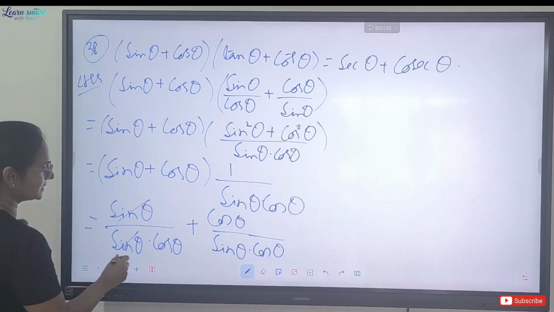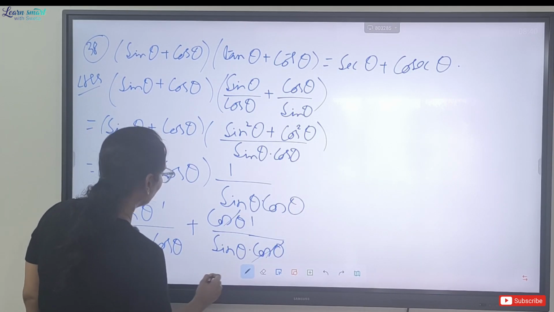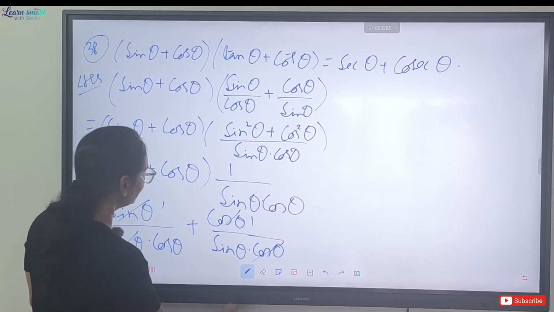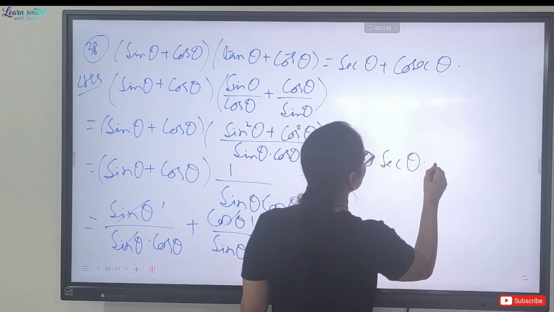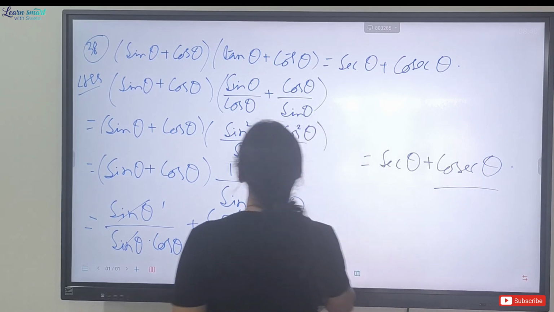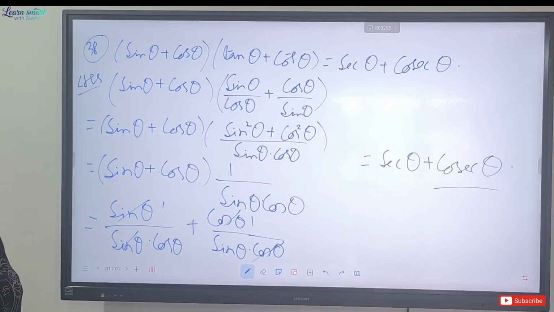So we get very easily 1 by cos theta, which is sec theta, plus 1 by sin theta, which is cosec theta. So we get sec theta plus cosec theta, and that is only the RHS. So here also very simply, just by writing sin by cos and cos by sin, we are able to do most of the questions, right?